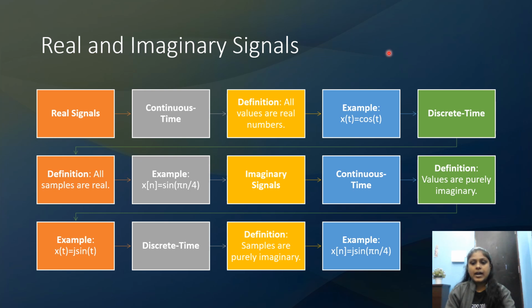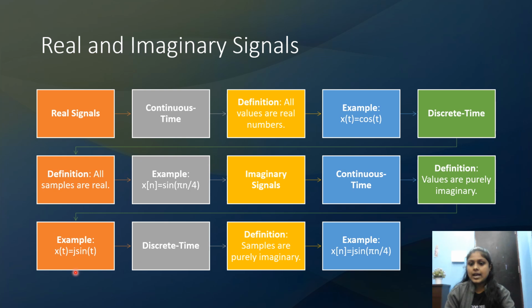Real and imaginary signals. Real signals in continuous time have all values real numbers, for example x of t is equal to cos t. In discrete time, all samples are real, for example x of n is equal to sin pi n by 4. Imaginary signals in continuous time have values purely imaginary.